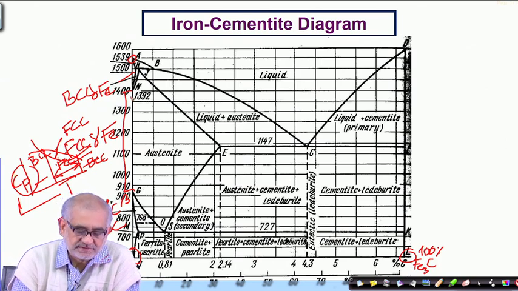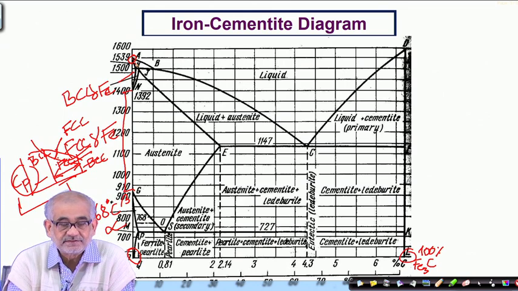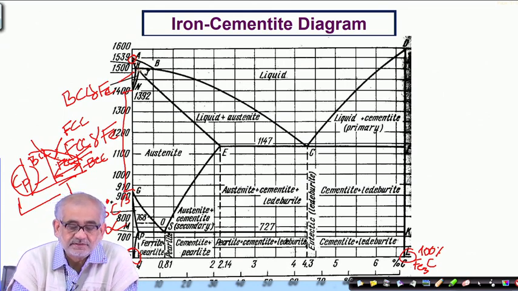In other words, this is the temperature range. So we see a variation of the crystal structure of pure iron going from BCC to FCC and then FCC to BCC.